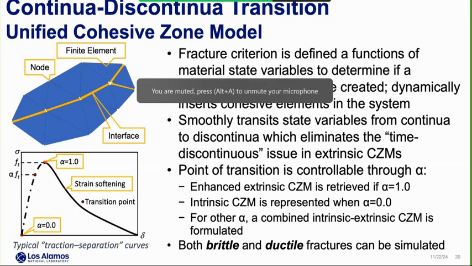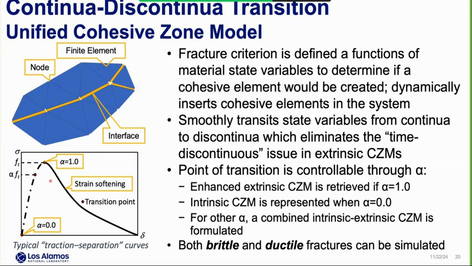Here I call our model an enhanced extrinsic cohesive zone model, because our model doesn't have the time discontinuity issue. For any other alpha between 0 and 1, a combined intrinsic and extrinsic cohesive zone model is formulated. It is a combined model because it has features from both the intrinsic and extrinsic models.